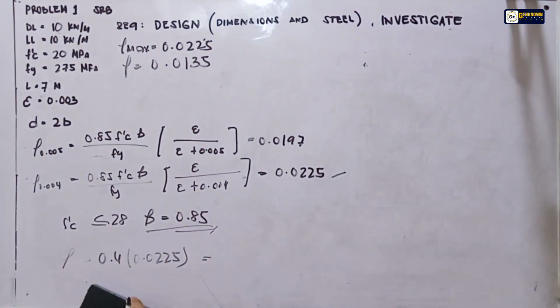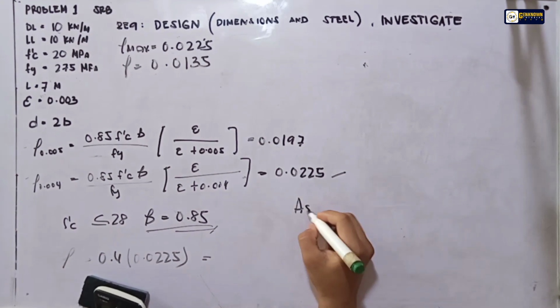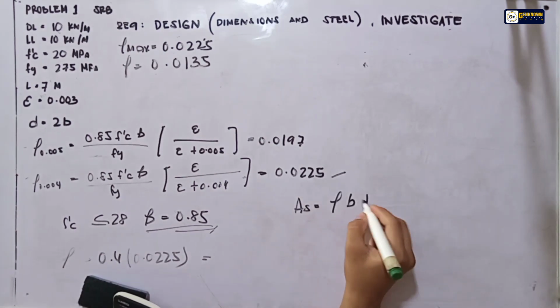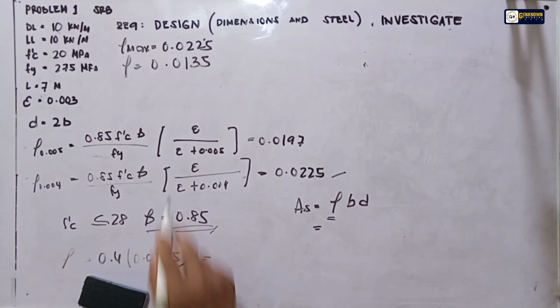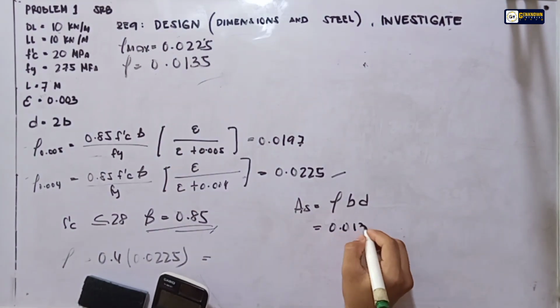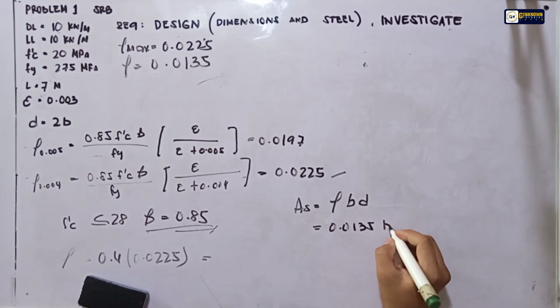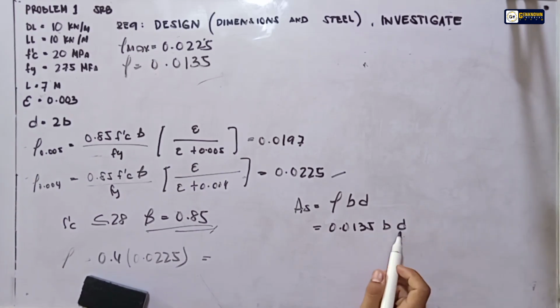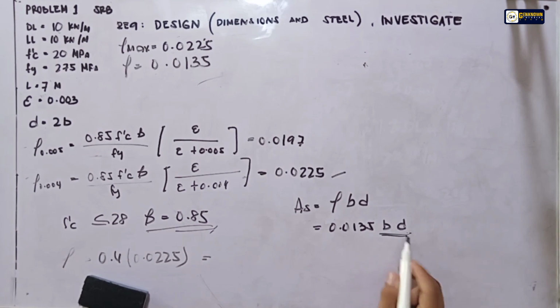So, solve na rin natin yung area ng bakal natin. We have the As is equal to rho bd. Okay, rho natin is 0.0135 multiplied by b multiplied by d, but we don't have the base and the depth yet.